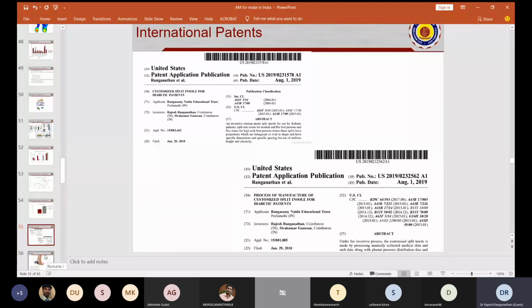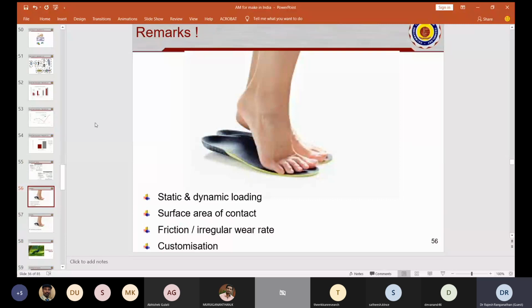So the takeaway that I would give you through this particular work, which we focused specifically for our Indian population, is that we brought in an idea of designing custom footwear, which is specifically focused for our Indian population.